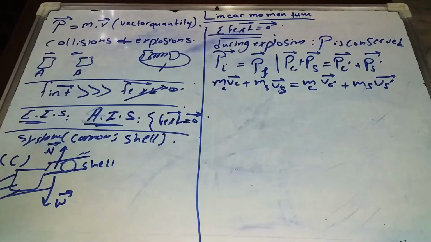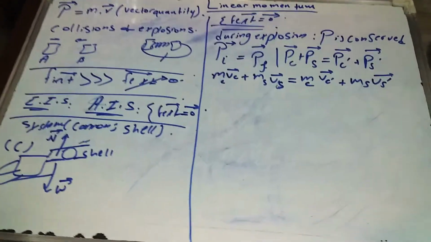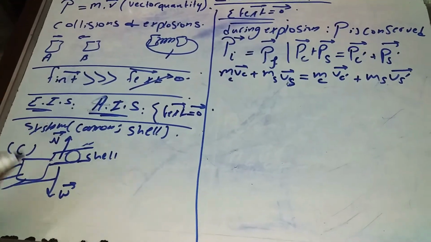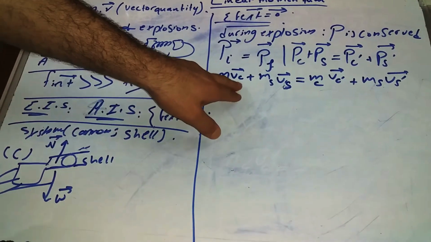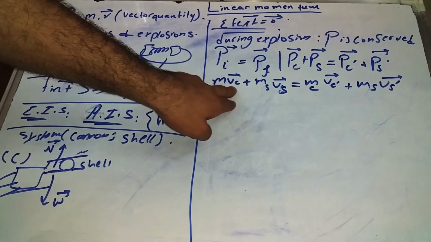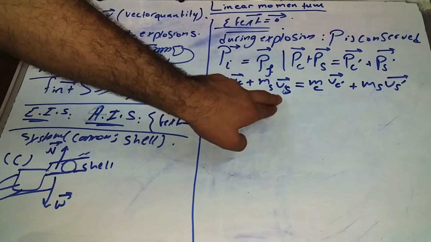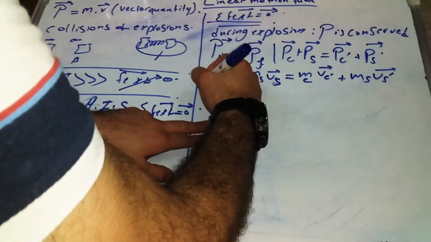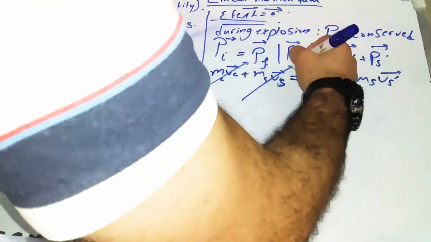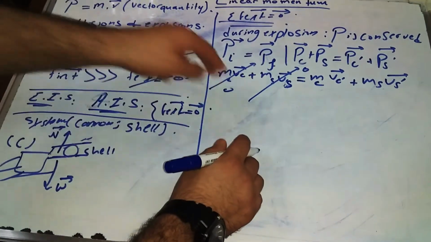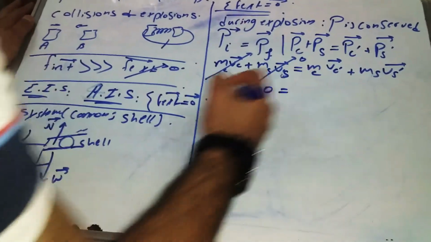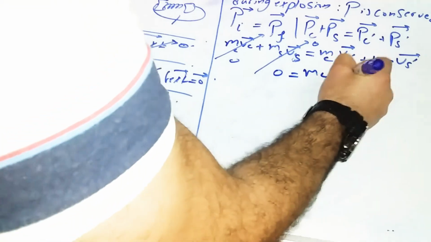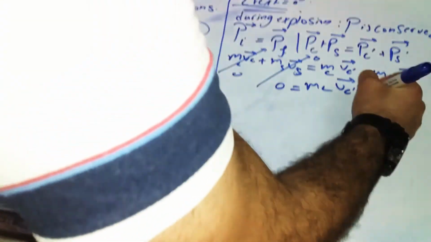But as we've said before, the whole system was at rest, so the velocity of the cannon was zero and the velocity of the shell was zero. So these tend to zero. So we end up with mass of the cannon V prime of the cannon plus mS VS prime.